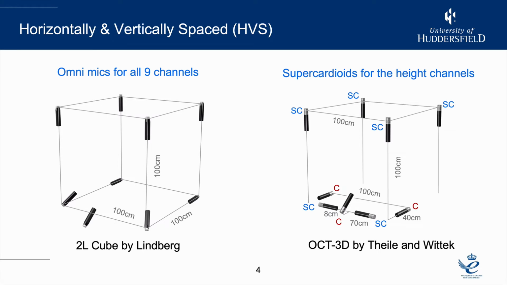On the other hand, OCT3D by Günther Theile and Helmut Wittek uses directional microphones for all channels, and it augments the OCT Surround 5-channel microphone array with 4 supercardioid microphones facing upwards and placed 1 meter above the main layer. The OCT is optimized for reducing horizontal interchannel crosstalk between the horizontal microphones, and the upward-facing supercardioids also aim to suppress the interchannel crosstalk occurring vertically.